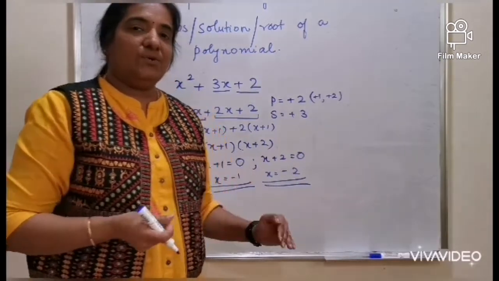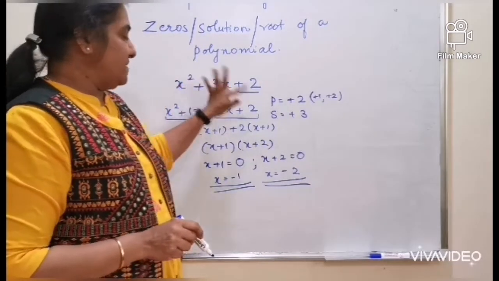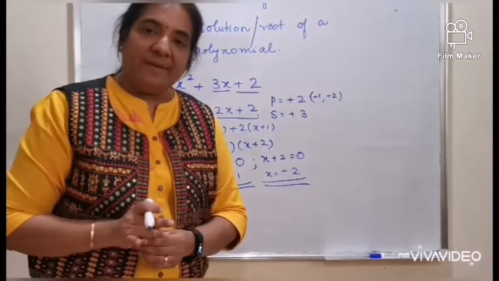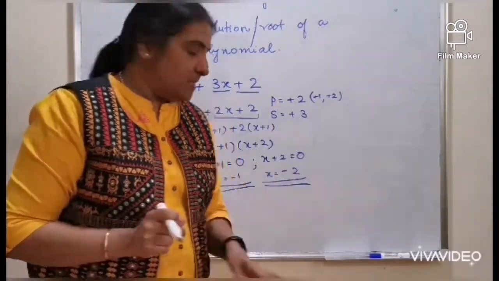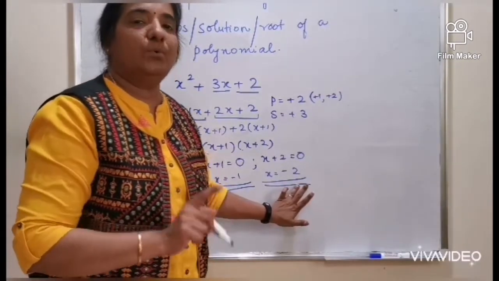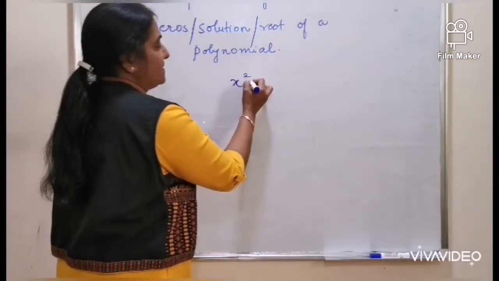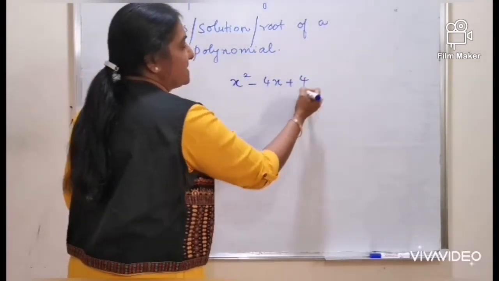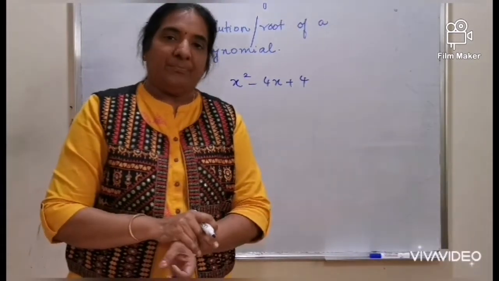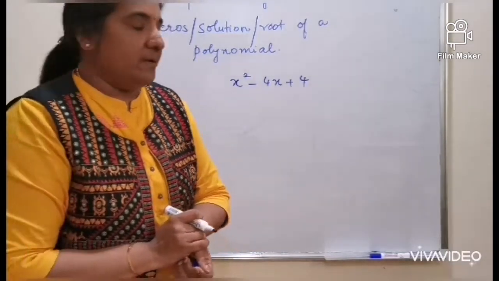Thus, the zeros of the quadratic polynomial x squared plus 3x plus 2 are minus 1 and minus 2. As I have mentioned, it has two zeros, two distinct values or two different values. Let me take one more example: x squared minus 4x plus 4 as the quadratic polynomial. What are the zeros of this polynomial?